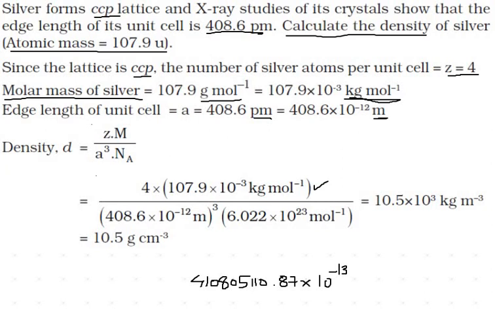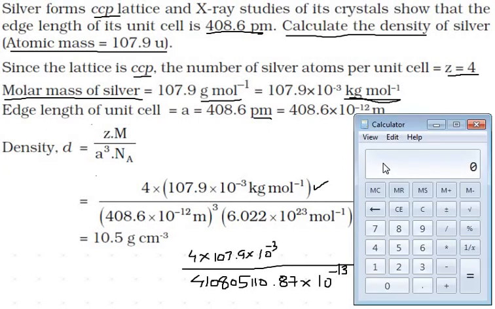Now let us use the calculator again and simplify this. 4 into 107.9 into 10 to the power minus 3, we will keep as it is. In the denominator it is 10 to the power minus 13. So if it goes from the denominator to the numerator, this becomes plus 13.